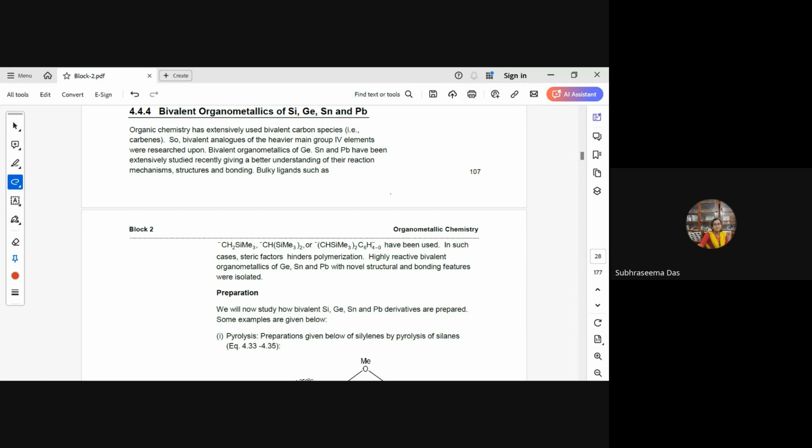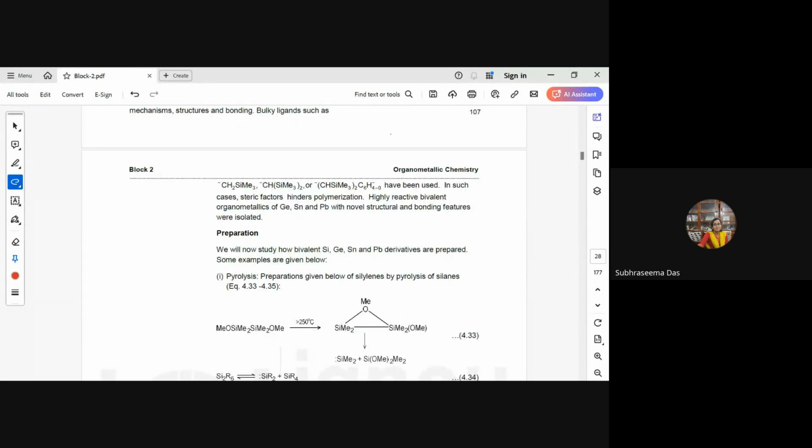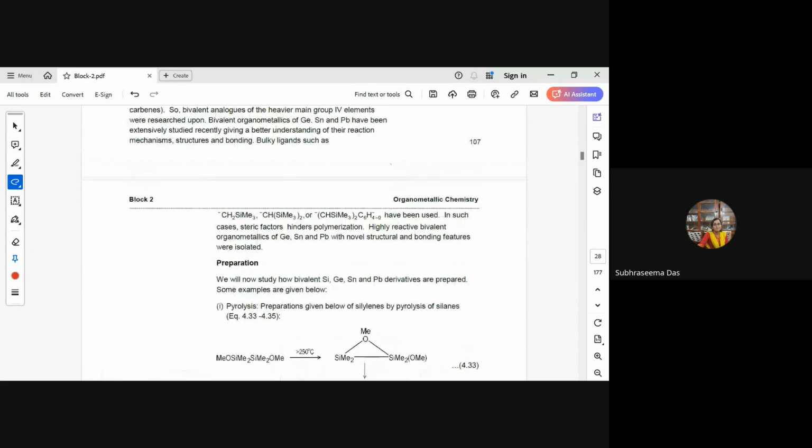These bivalent organometallics have been extensively studied and are an evolving group in research. They have been explored to understand their reaction mechanisms, structures and bonding. Here we'll discuss a few of the preparation methods.